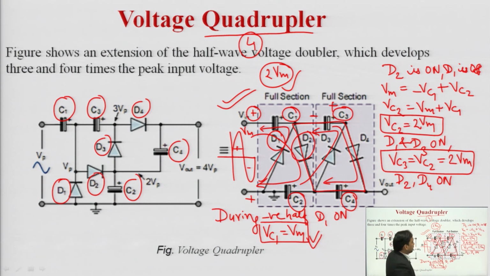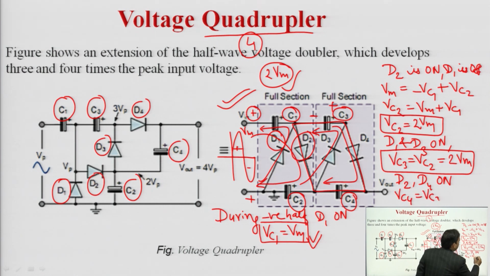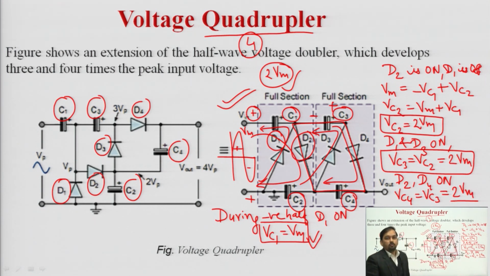How can it be charged? If we apply KVL in this particular loop, we can clearly see that Vc4 equals Vc3, and Vc3 was 2 times Vm.